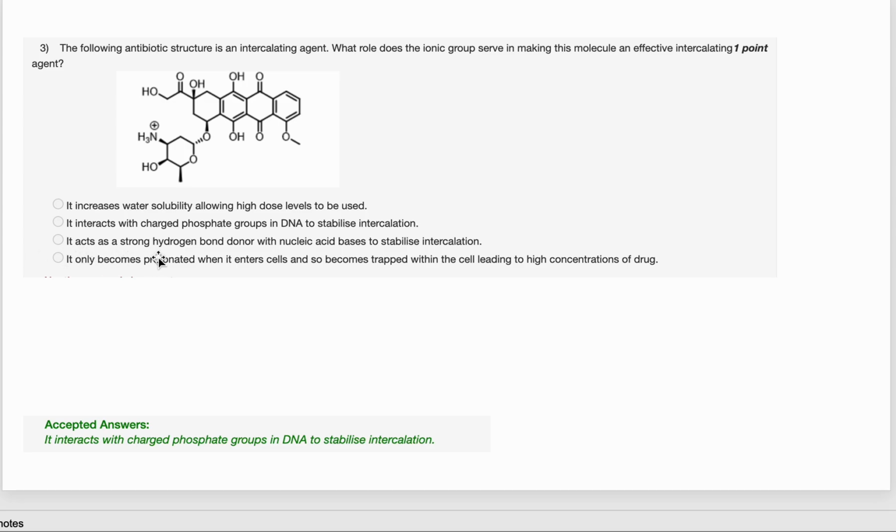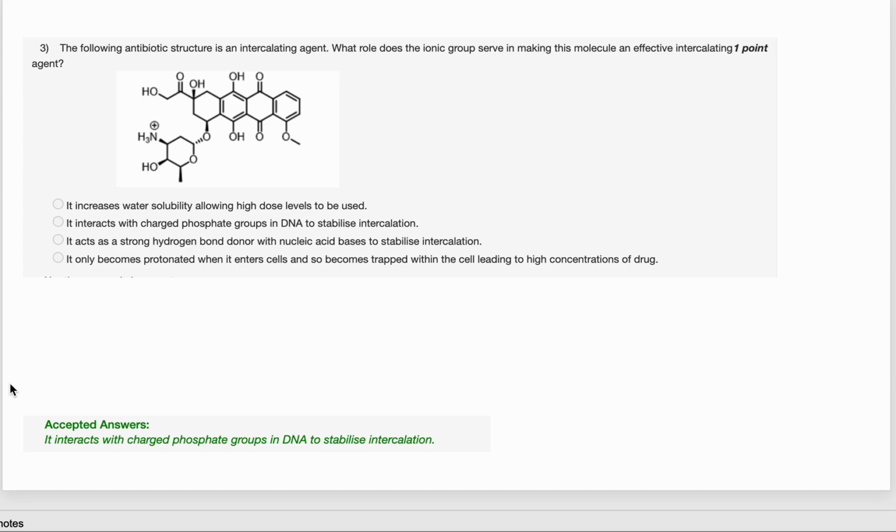C, it acts as a strong hydrogen bond donor with nucleic acid bases to stabilize intercalation. D, it only becomes protonated when it enters the cell and so becomes trapped within the cell, leading to high concentration of drug. So it's quite obvious A and D have nothing to do with the structure of the drug.